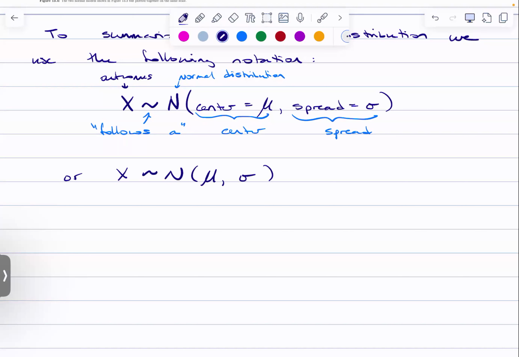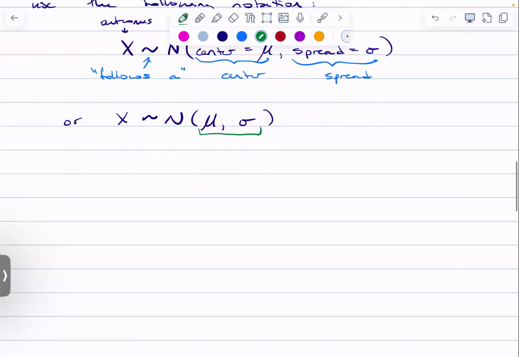Mu and sigma determine where this thing is centered and how much spread or how much variability we have. And we call these parameters. These are parameters not only because they're from the population, right? That is a parameter, but they're also the parameters needed for the normal distribution.